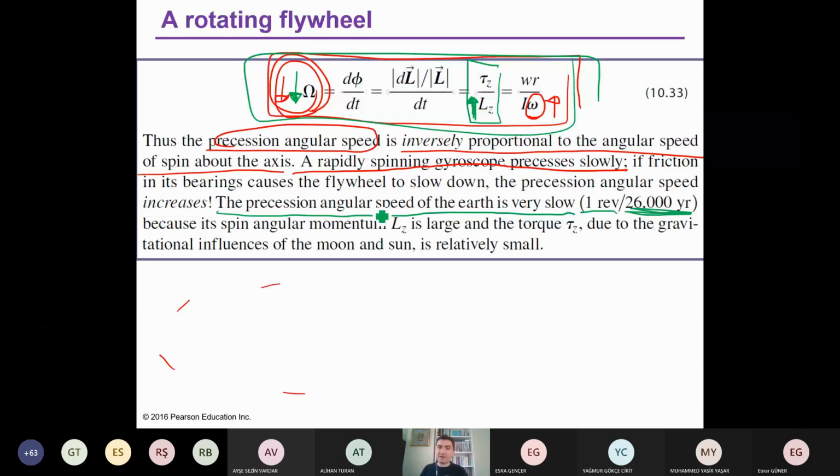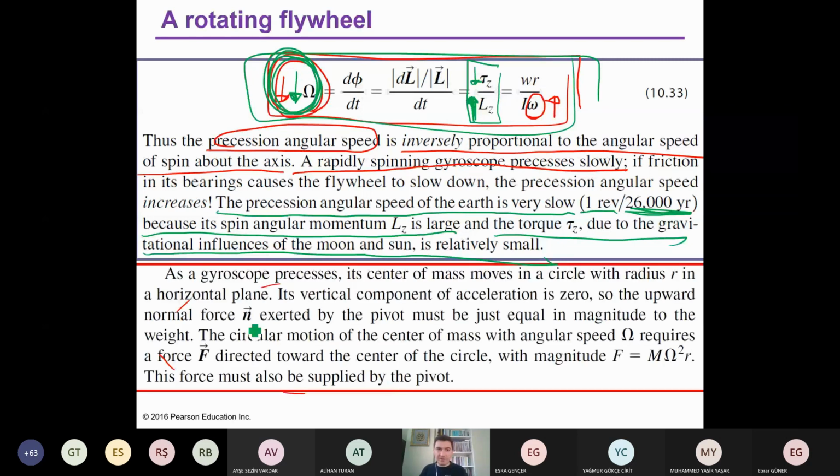The precession angular speed of the Earth is slow because its spin angular momentum is large, and the torque due to the gravitational influences of the moon and sun is relatively small. So here we have small torques acting on the Earth, and angular momentum is huge, then we have very small precession angular speed.